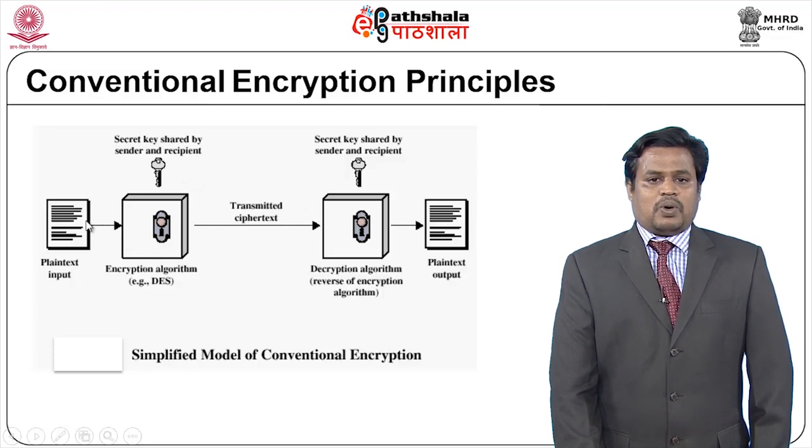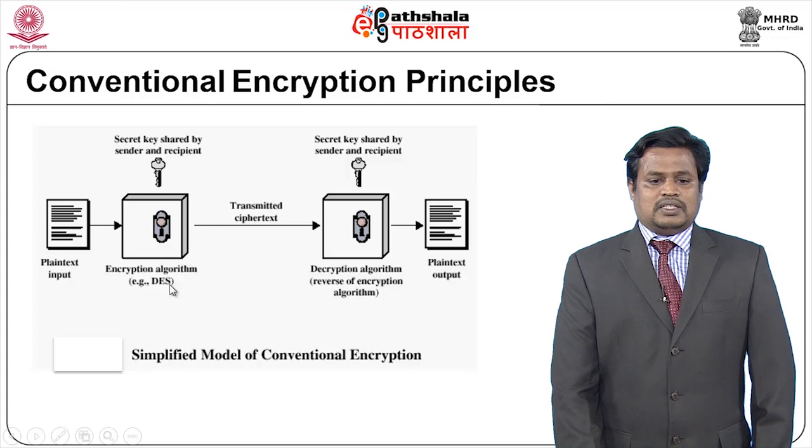When a person wants to send secret information, first he takes the plain text and sends it to the encryption algorithm, as we have already discussed in the earlier lectures. In this example it is DES, the Data Encryption Standard, one of the modern cryptographic algorithms, which uses the shared key, that is the secret key between the sender and receiver.